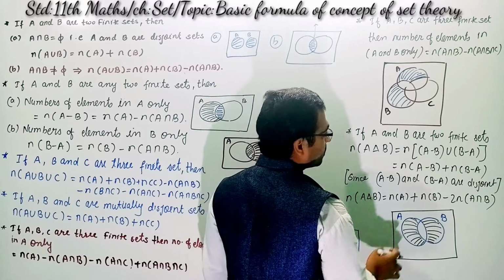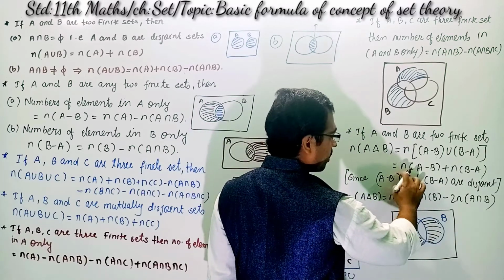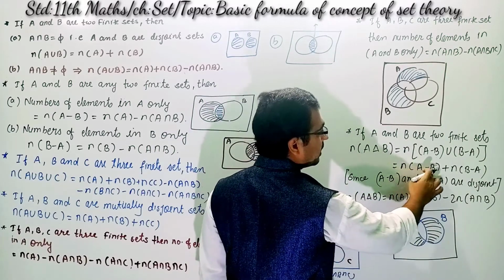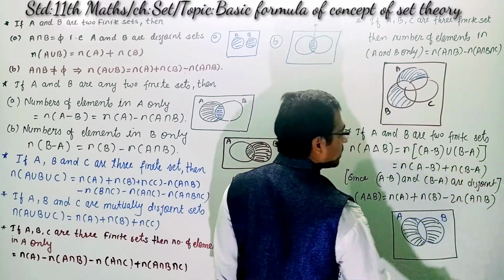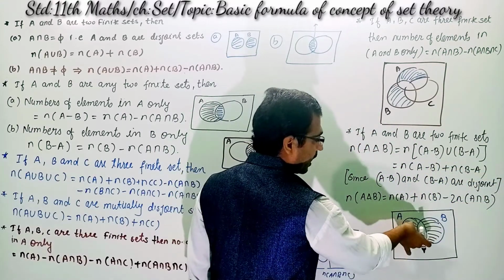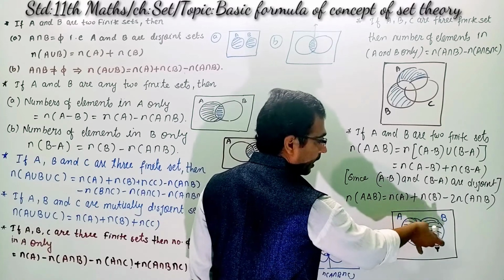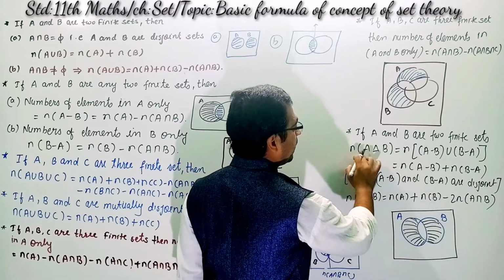So you can write: number of elements of A minus B plus number of elements of B minus A. So the elements of set A and set B in this way will be A delta B.